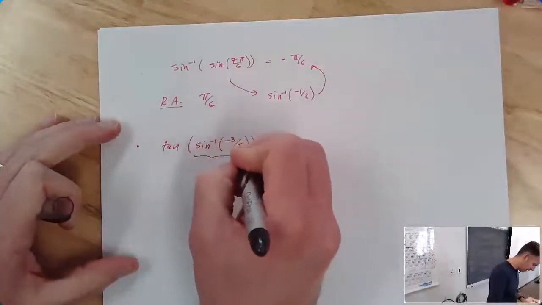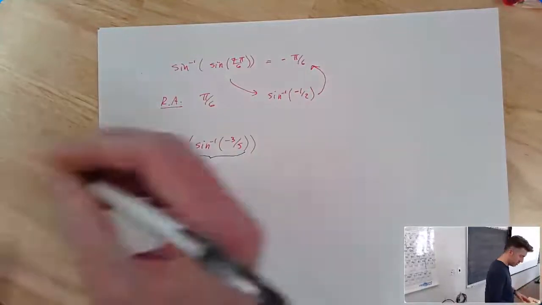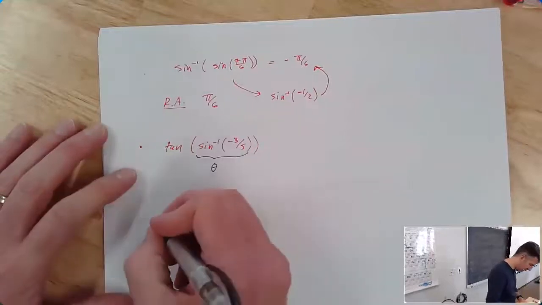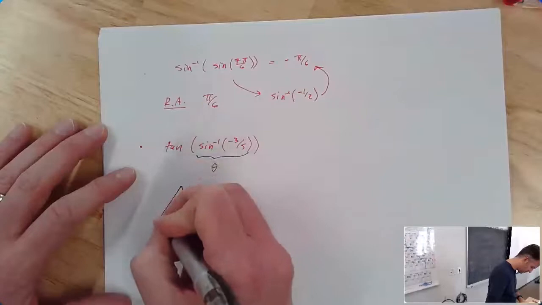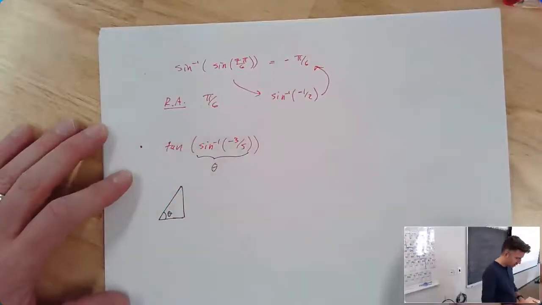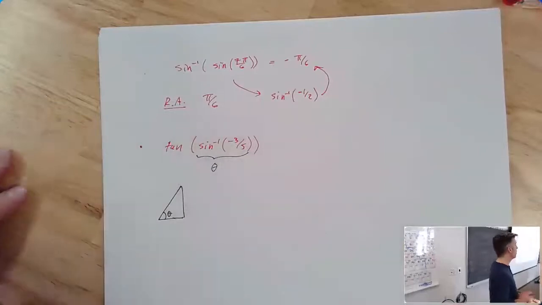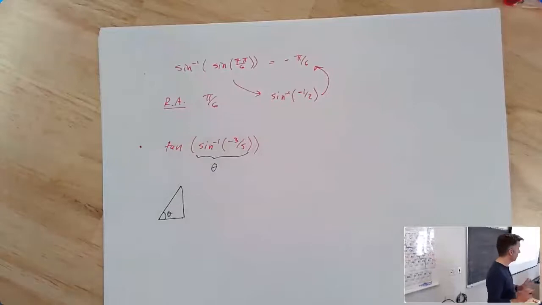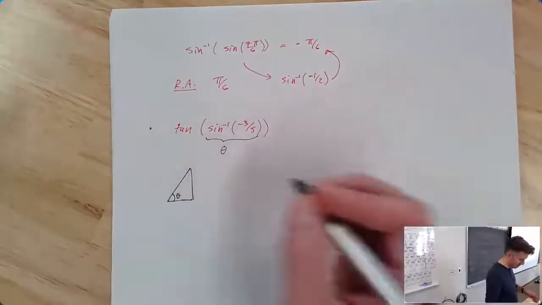Inverse sine of whatever, you should always be thinking of as an angle. And I can draw a triangle to go with that angle. If sine of my angle is equal to negative 3/5, I'm going to ignore the negative sign for a second. Bear with me.